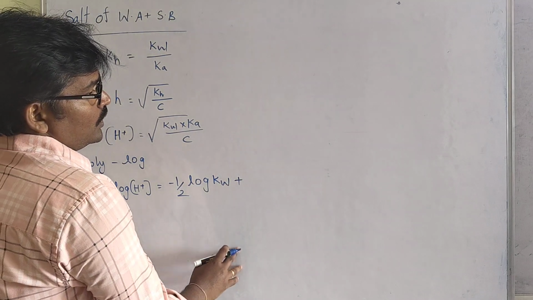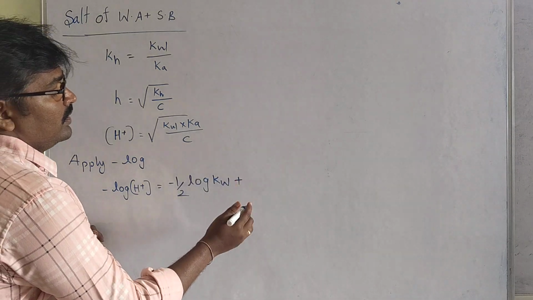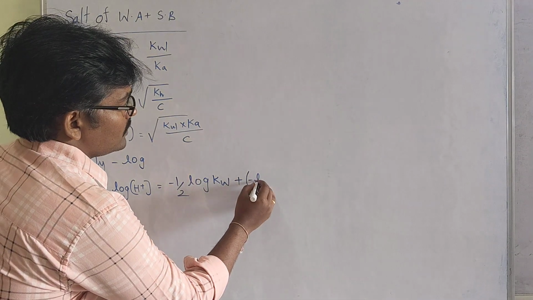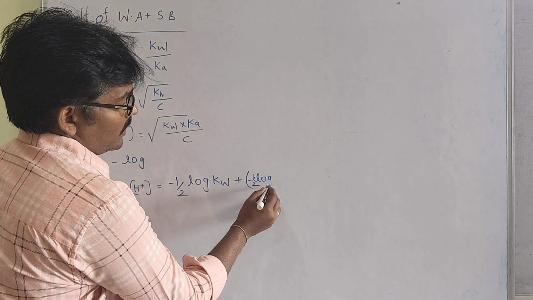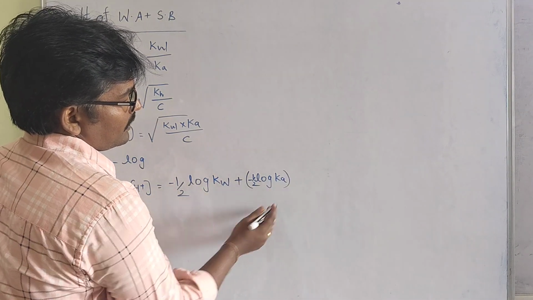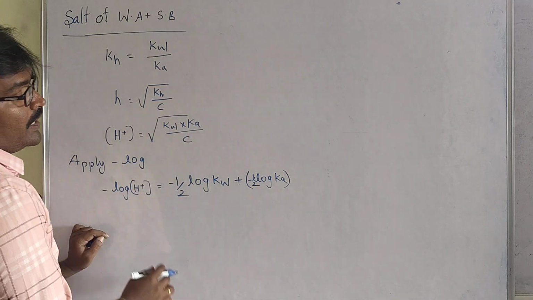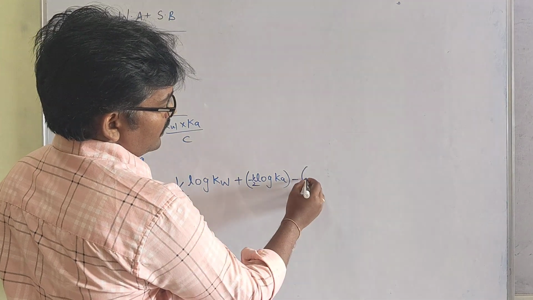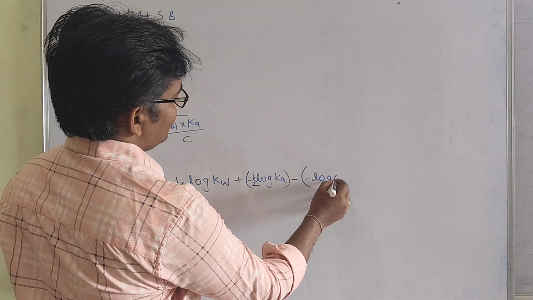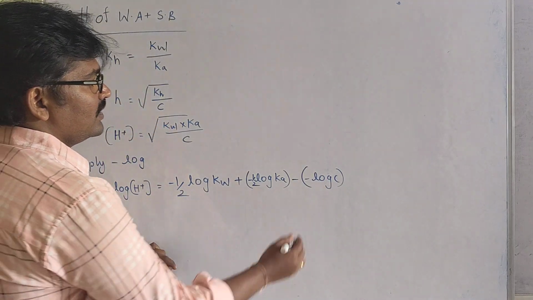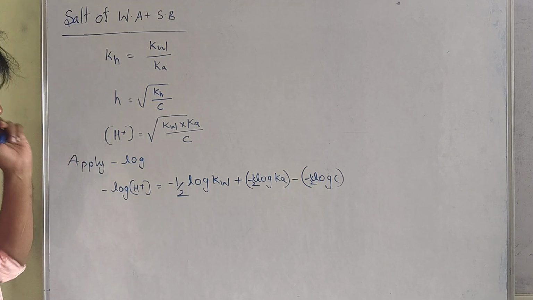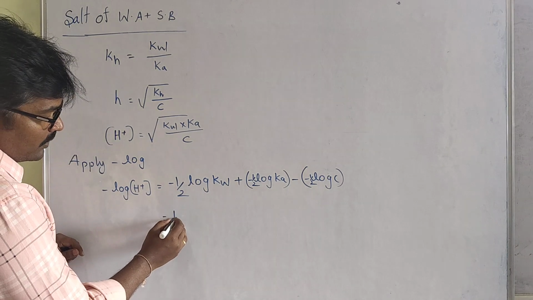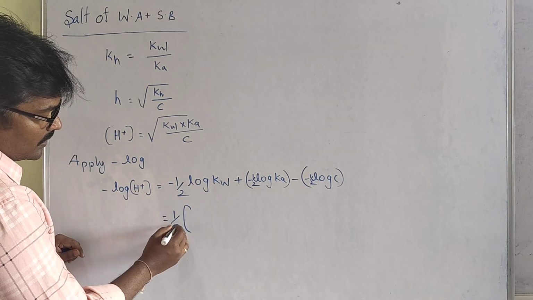Then next minus log, so that is 1 by 2 minus log Ka. Next divided by, you have to take minus of minus log C. This is also 1 by 2 because the square root will be there. So 1 by 2 is common for all, so we are taking it common.